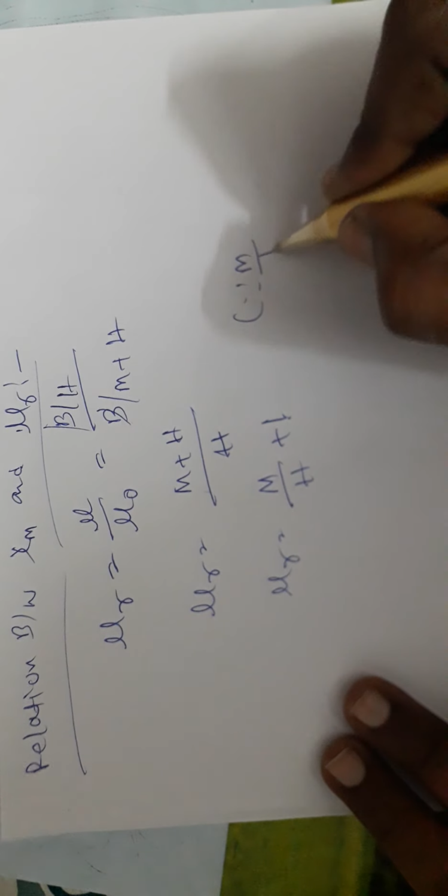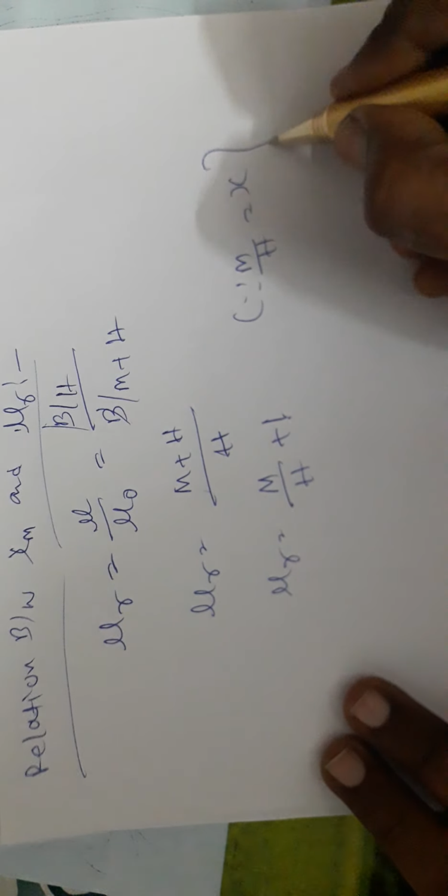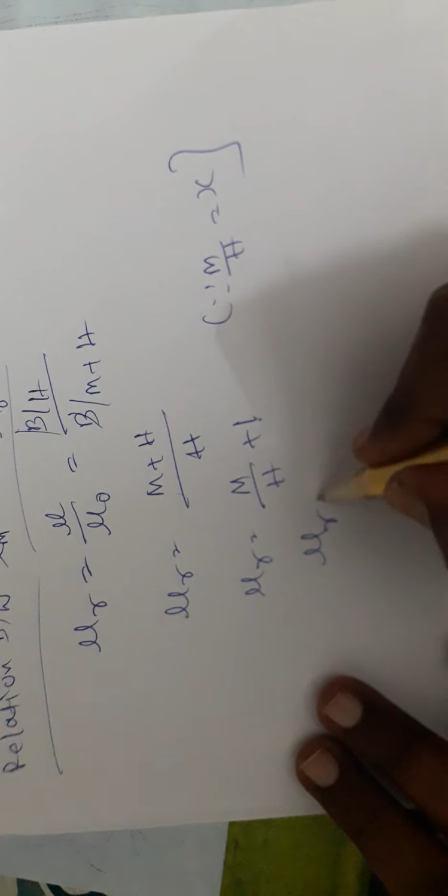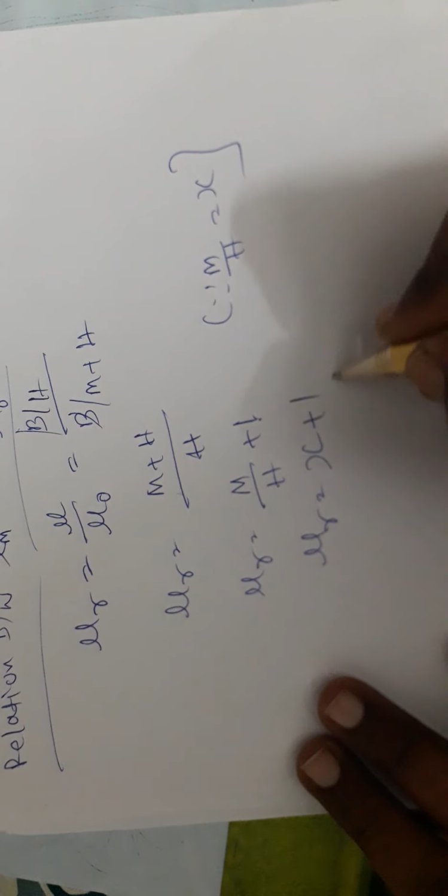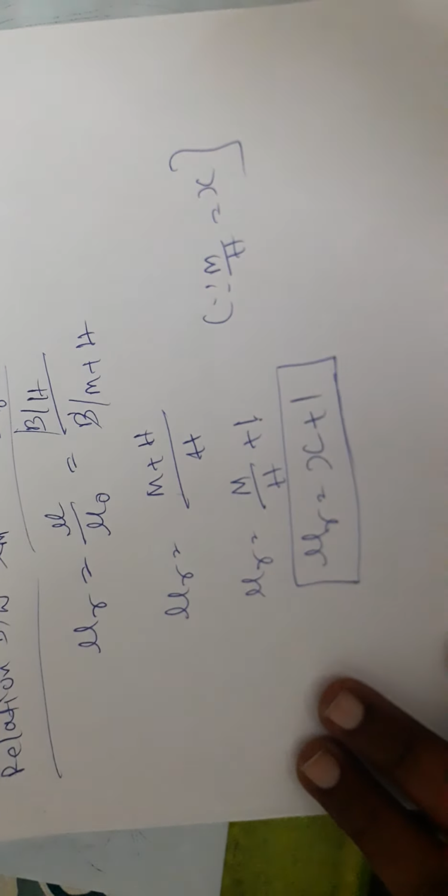So B gets cancelled. Mu r is equal to M plus H by H. So mu r equals M by H plus 1. M by H is nothing but xi. So mu r equals xi plus 1.